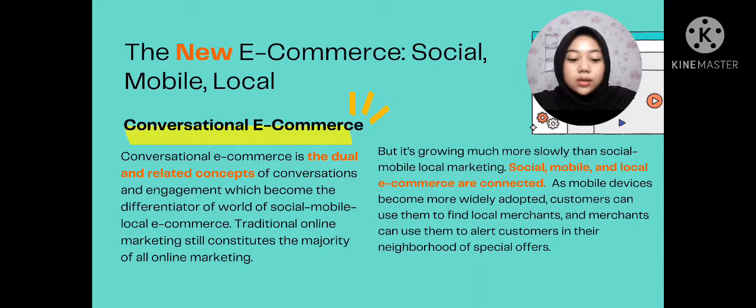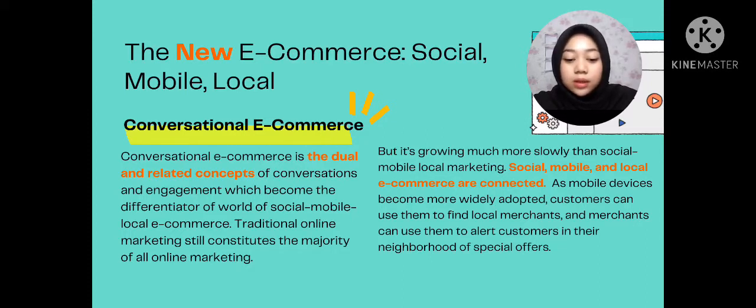The next one is the new e-commerce, which becomes social, mobile, and local. In the new e-commerce, there is something called conversational e-commerce. Conversational e-commerce is the dual and related concepts of conversations and engagement, which become the differentiator of both social, mobile, local e-commerce.